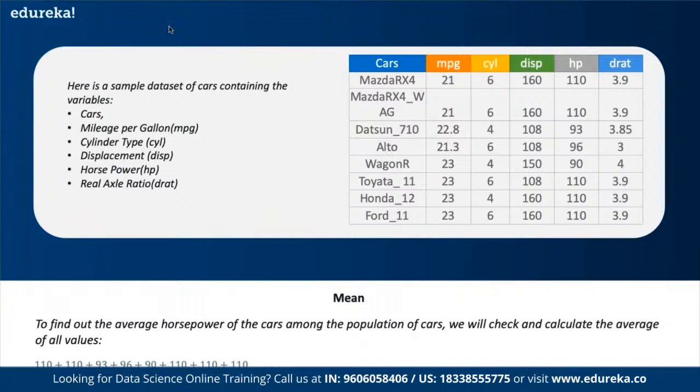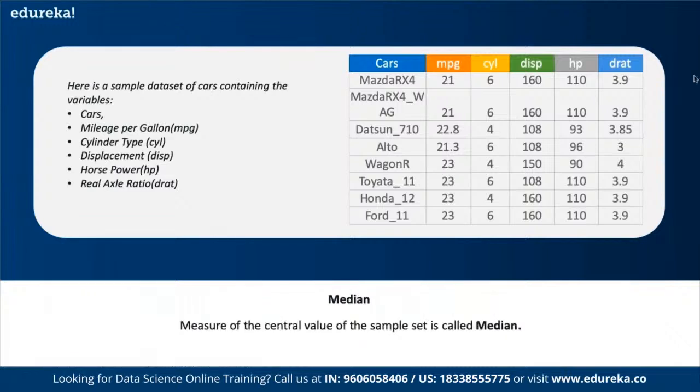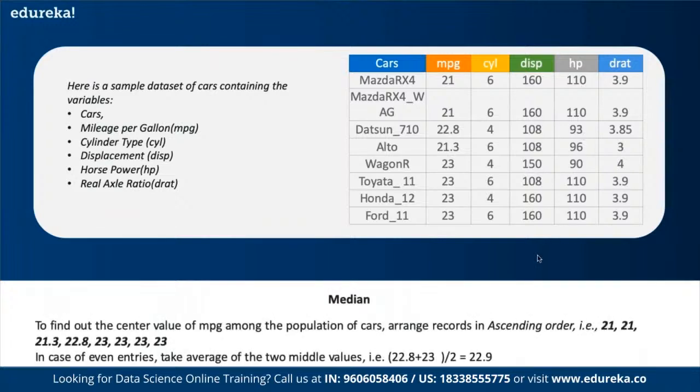And median, as you know, is the average, or we can say the most popular value from any particular data set. Suppose we want to find the median value for the miles per gallon.